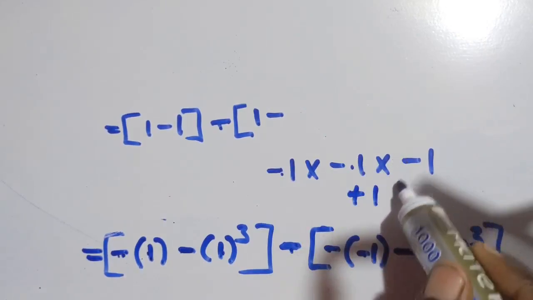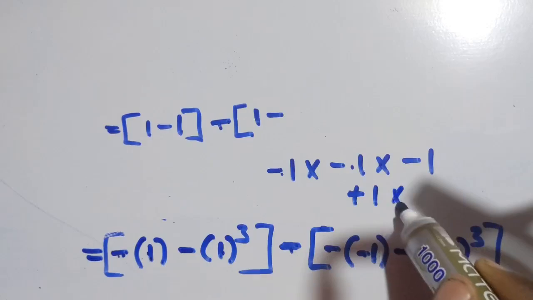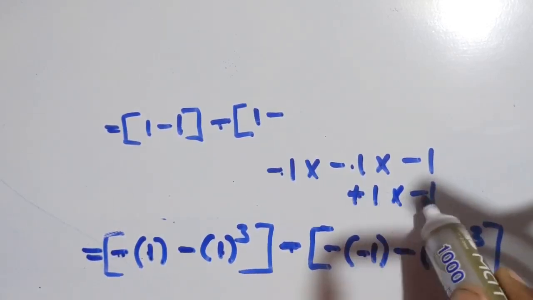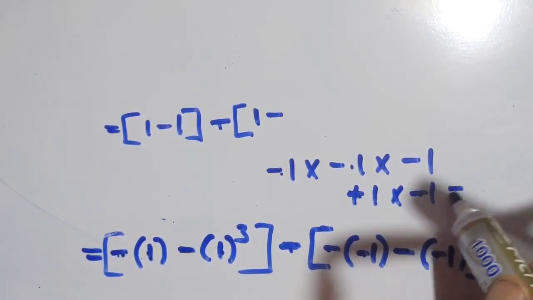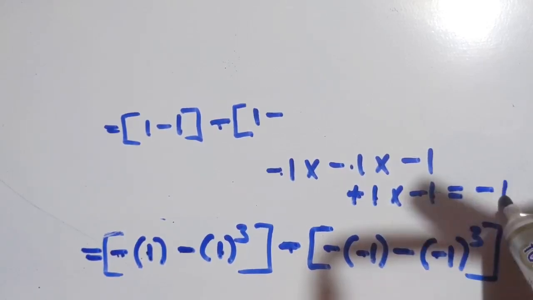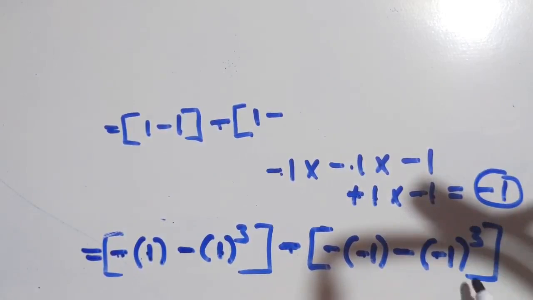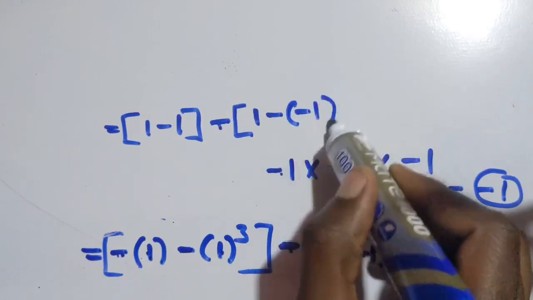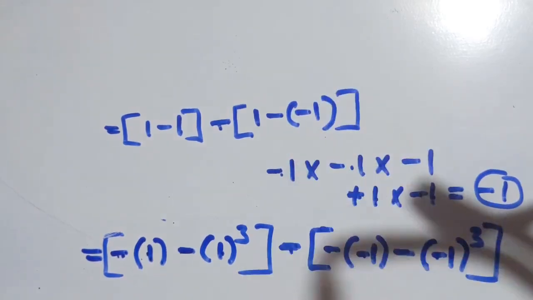Now there is a times here. So we're going to say times negative 1 again. So positive times negative is just a negative. Then 1 times 1, we are going to have 1. So our answer is negative 1. So here we are going to have a negative 1 again. Then we put our bracket like that.